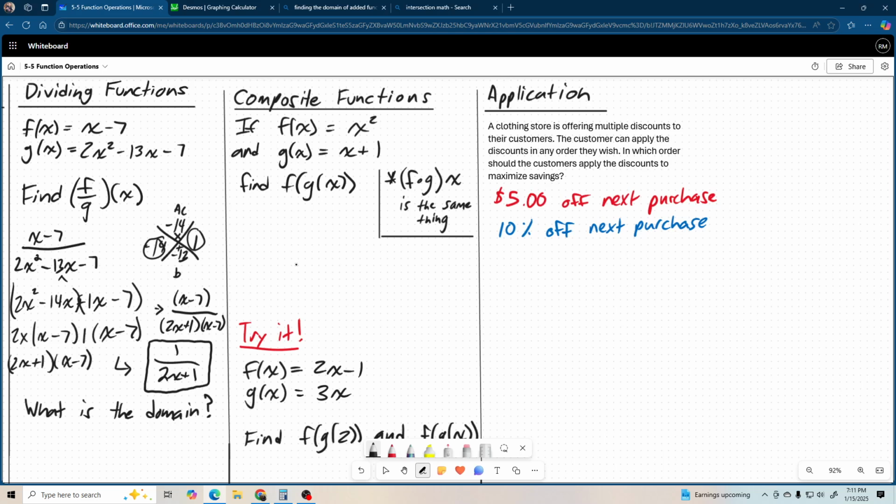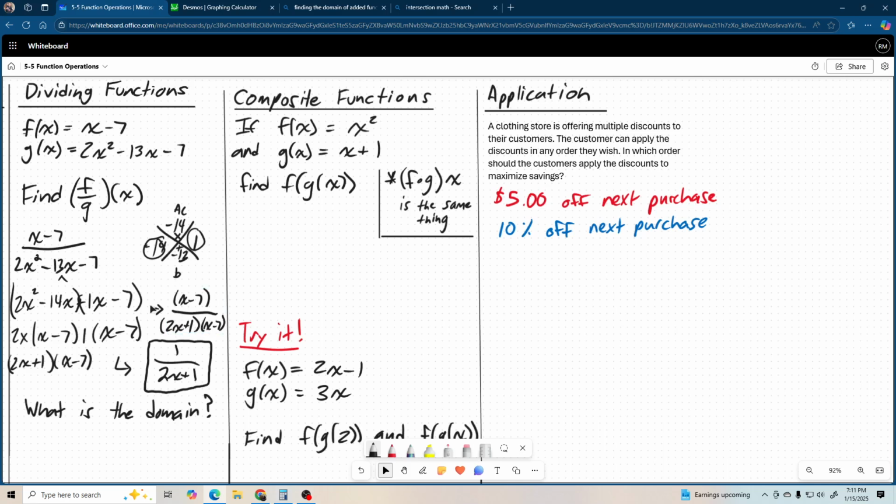So what's the domain? Let's think about this. First of all, f of x, x minus 7, is just a line that's shifted down 7. And 2x squared minus 13x minus 7 is just a parabola. Both will always have all real numbers as their domain. Now, there are going to be specific restrictions anytime we have variables in the denominator.